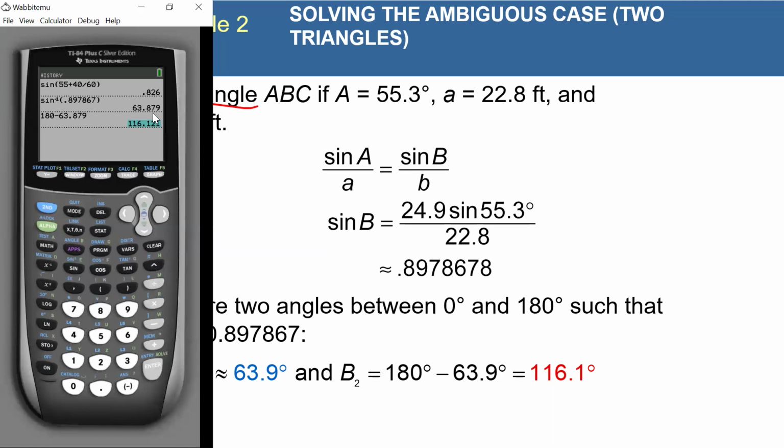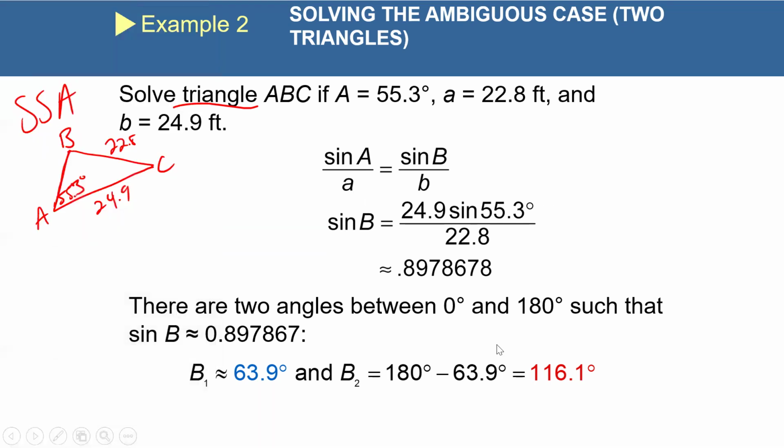That's because side A is less than side B. If it was greater than, we'd only have one triangle, we'd just do the inverse of sine and be done. But because it's less than, we have how many? 2. And we found the 2 angles.